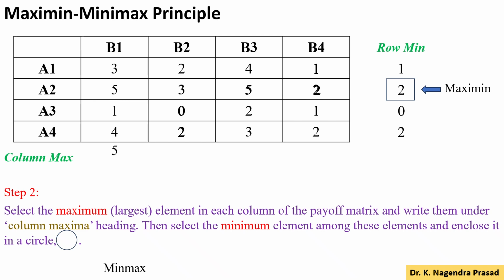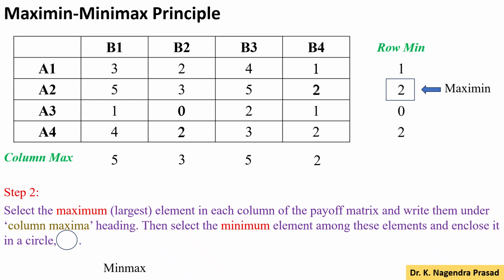In the B1 column, the maximum value is 5. In the B2 column, the maximum value is 3. In the B3 column, the maximum value is 5. And in the B4 column, the maximum value is 2.